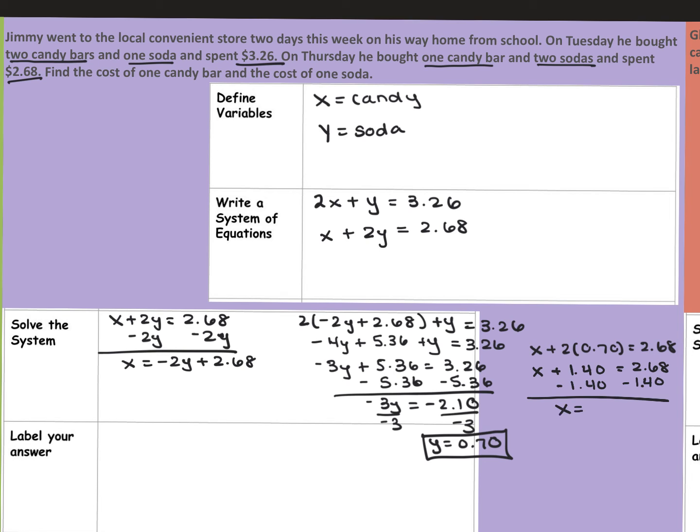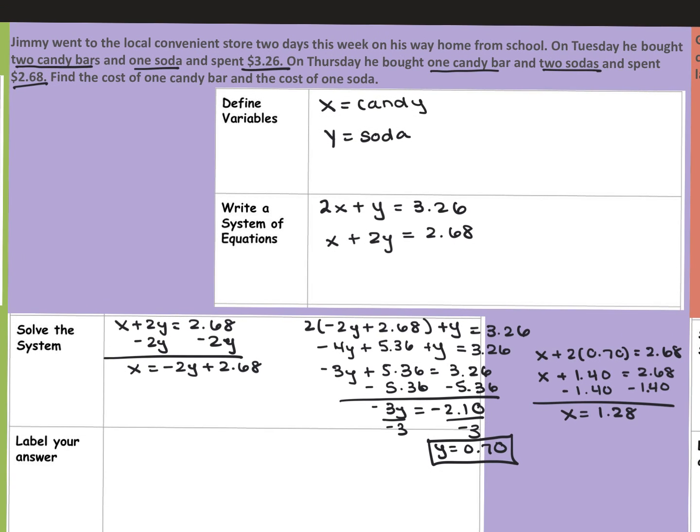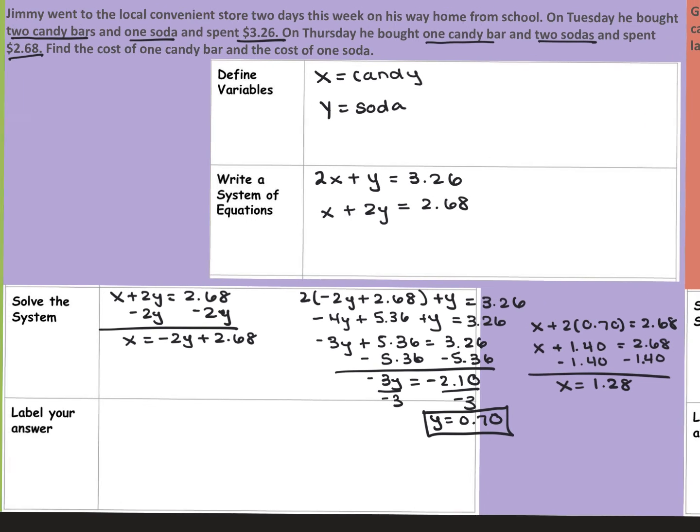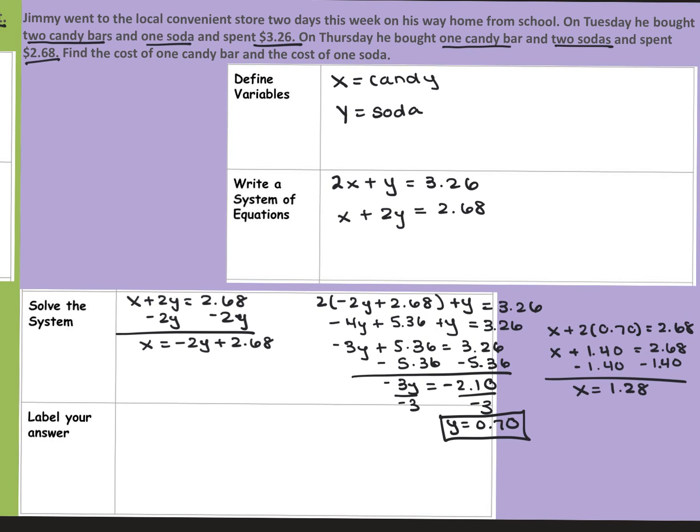I get x is equal to 1.28. All right. So now we have to put this in context of the problem. All right. So we get the ordered pair, if we were to graph this, of 1.28 and 0.70.